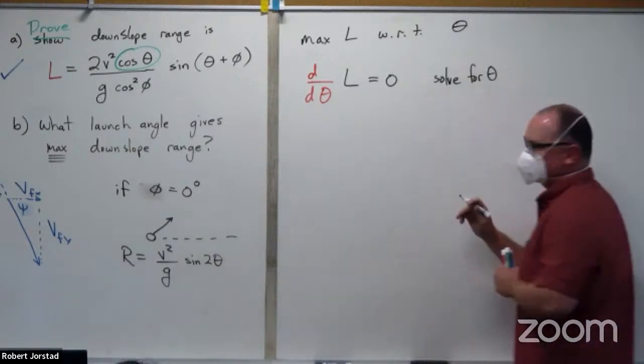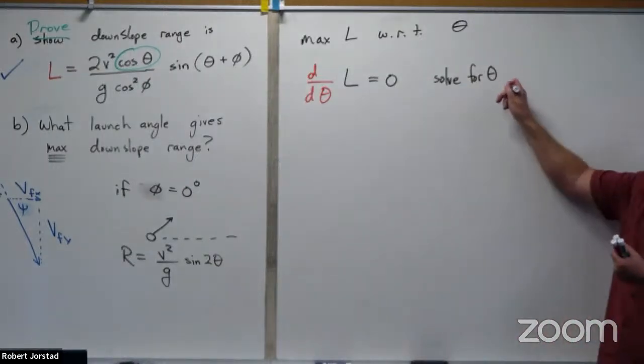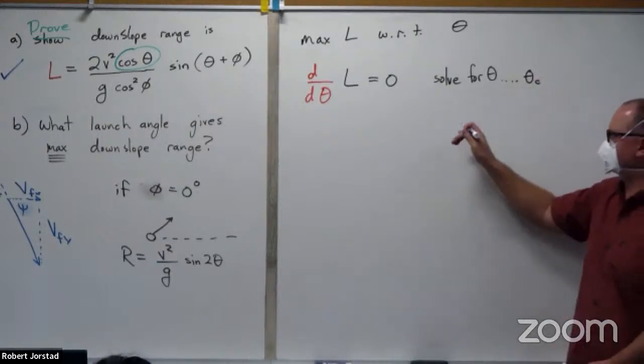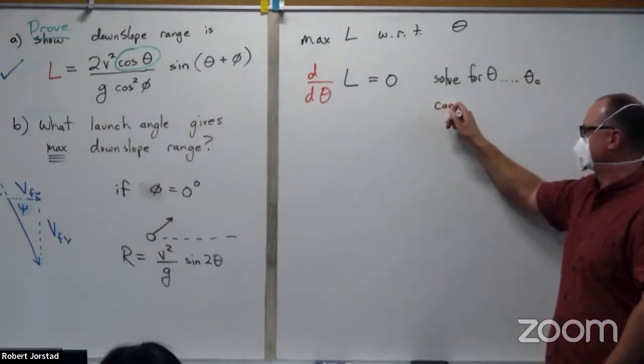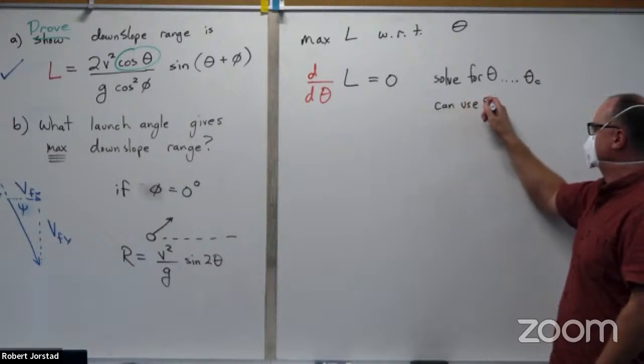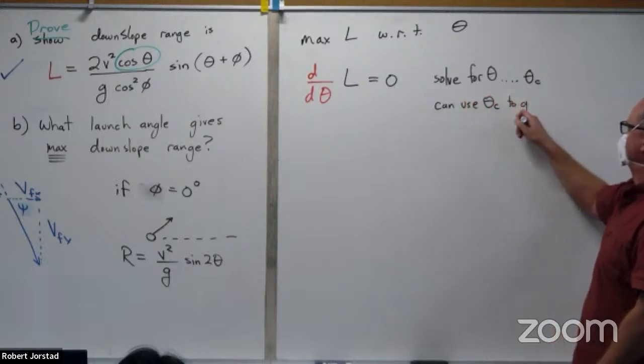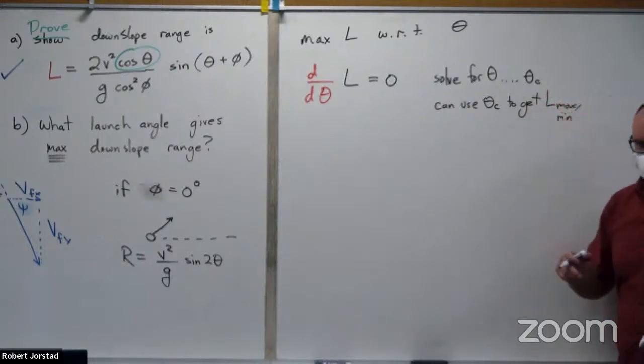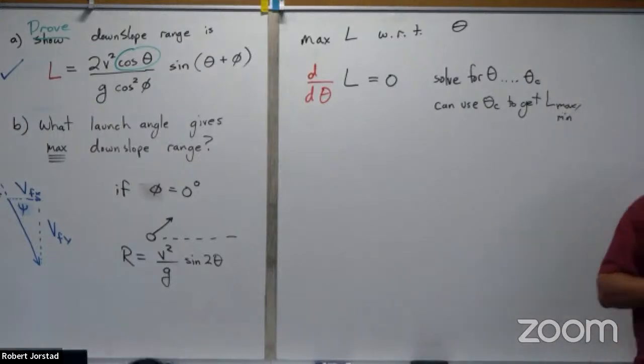That's going to give us the theta critical. Once you know theta critical, we can get the L max or the L min. Remember that from calculus? Is this coming back now? All right.